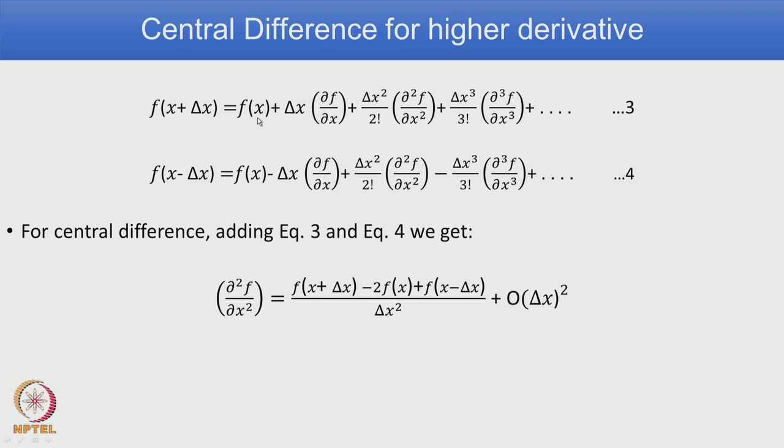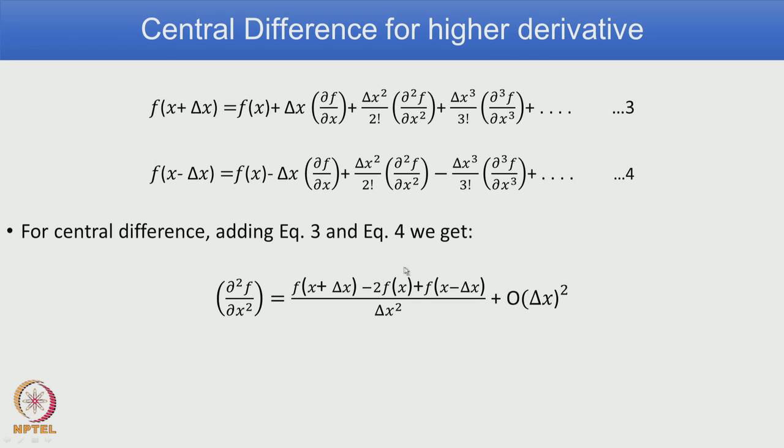So, we get f of x here 2 times, and we want only the second derivative. After doing this operation, we get ∂²f/∂x² = [f(x+Δx) − 2f(x) + f(x−Δx)]/Δx², again of the order of Δx squared.